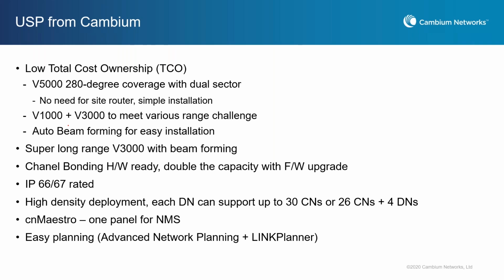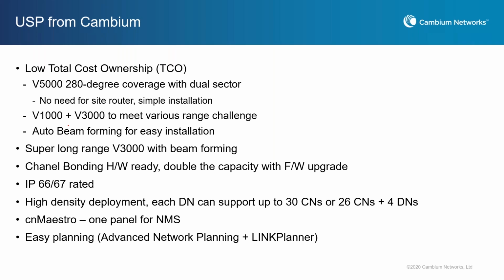You don't want a 90 degree radio that just points at each other. So when you have multiple radios on the same pole, how does data transfer from radio to radio, or sector to sector? You need site routers. When you put in site routers, you need additional cables and additional PoE. Things become complicated. With our dual sector design with 280 degrees, we remove the need for a site router. We simplify the whole installation and make it very simple and easy.